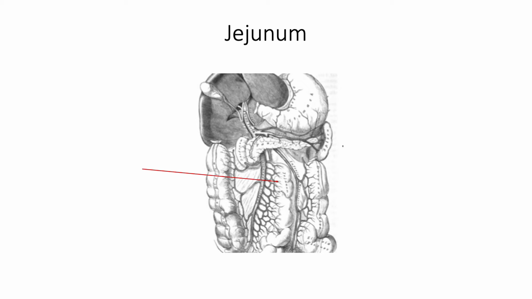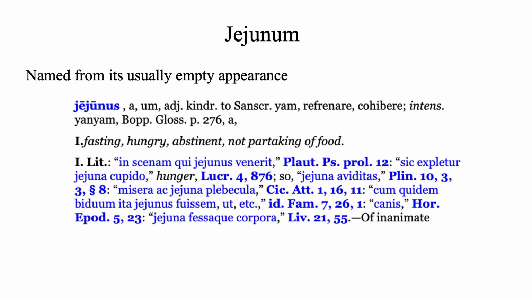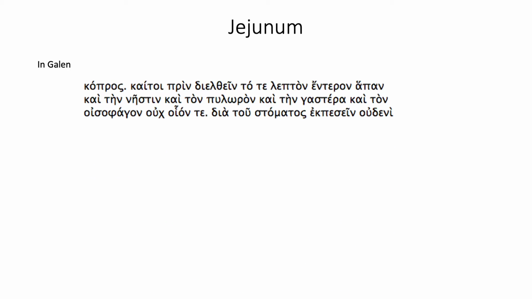The jejunum, the second part of the small intestine, is so named because of its usually empty appearance when dissected in antiquity, and itself comes from the comparison of its empty appearance to its being hungry or without food, from the Latin word for hungry or not partaking of food. And it occurs in Galen, as many terms did in Greek preceding the Latin.